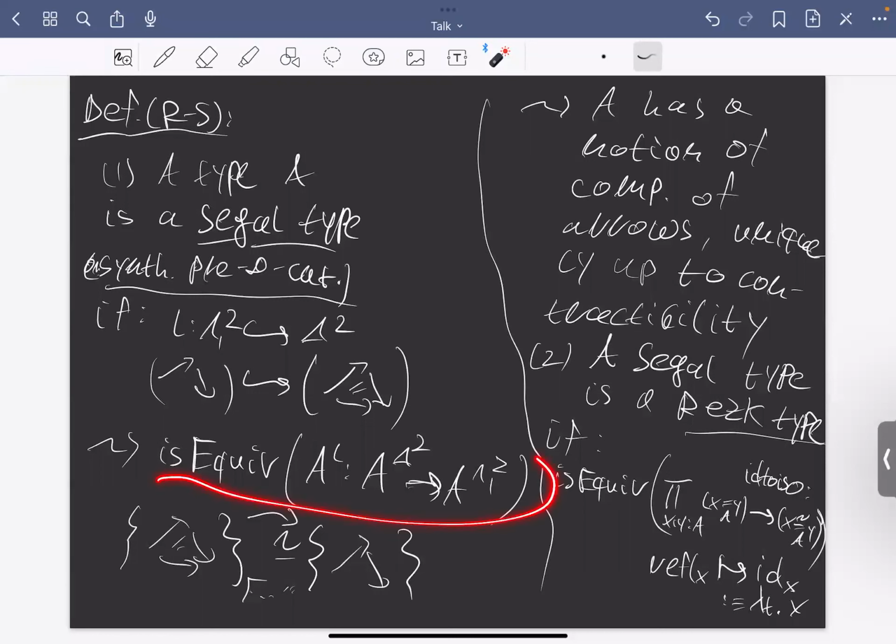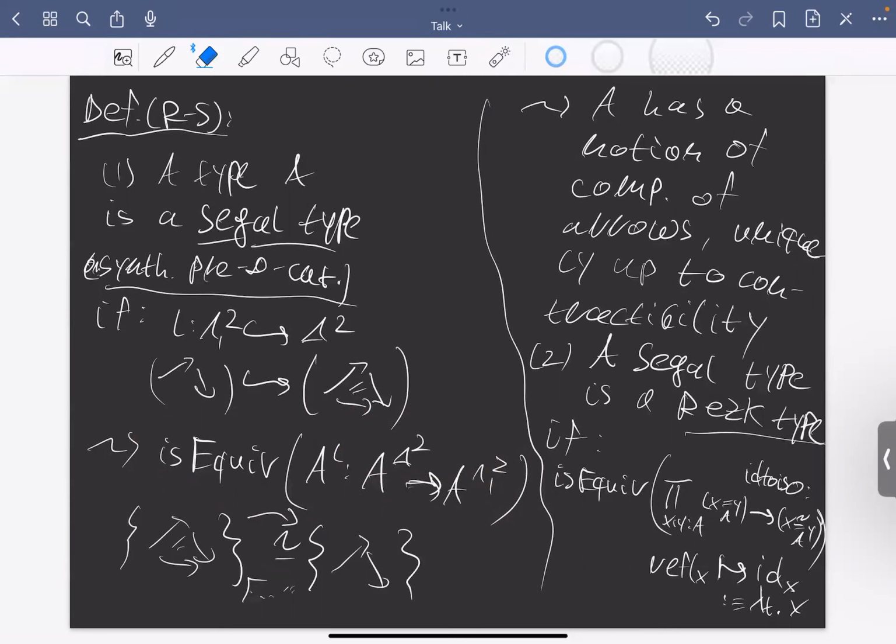Definitely, if you take this notion here and you externalize it, you're talking about some exponentials with respect to this co-tensoring, I mean, the shapes being co-tensored over the whole model structure, and that unwinds to exactly the external Segal condition.